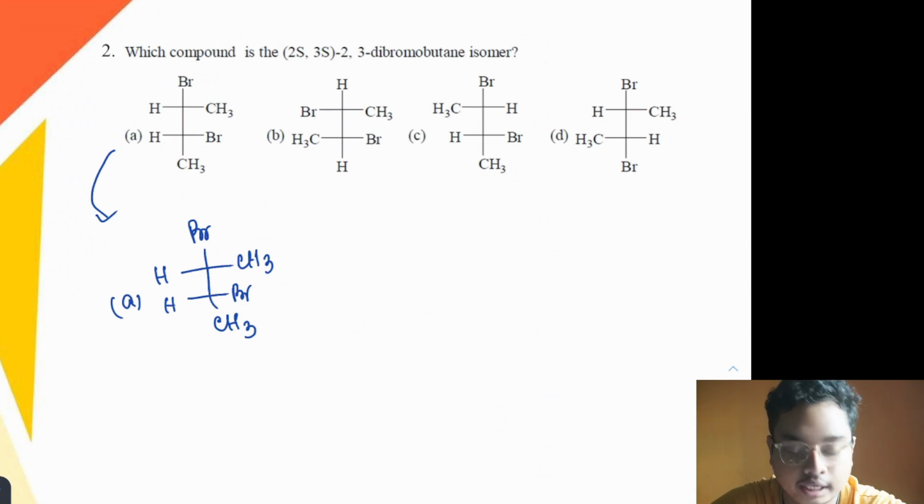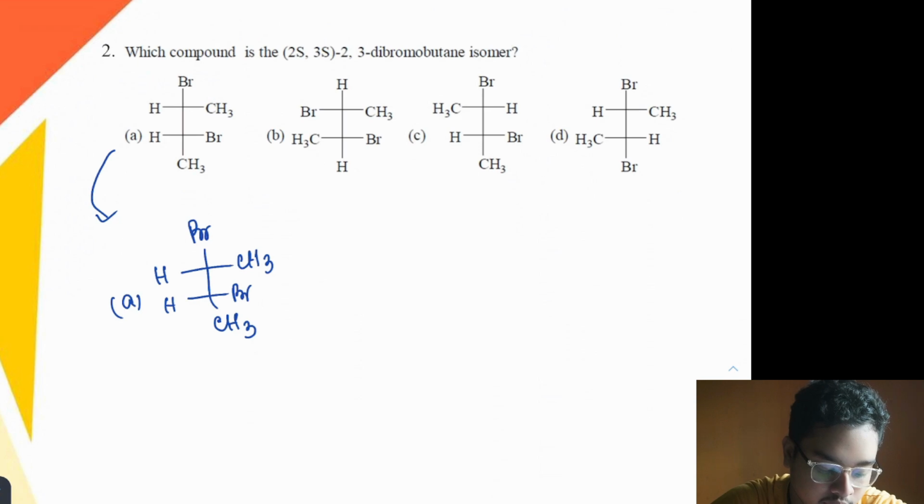Now in RS nomenclature for Fischer projection, there is a rule that the vertical chain should be the alkyl chain. That means we have to rotate this molecule such a way that this bromine comes in the horizontal bond and the CH3 is the vertical bond.